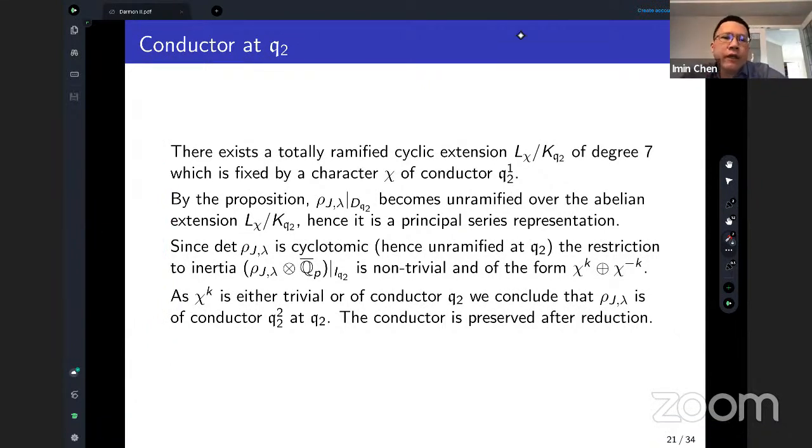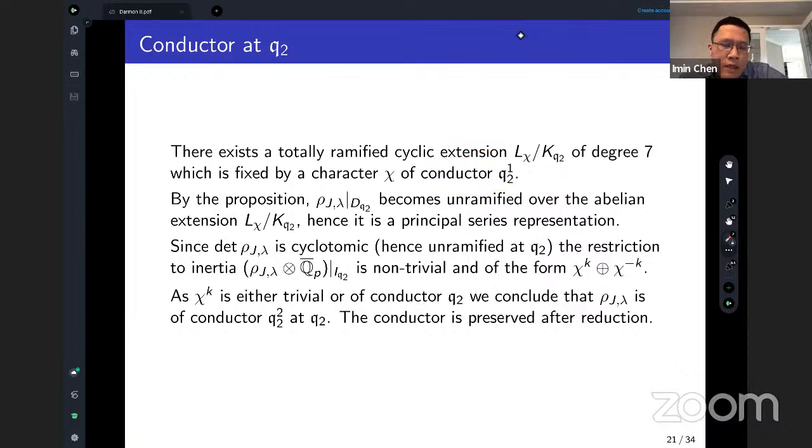By class field theory, we know that there is a totally ramified cyclic extension of K completed at 2 of degree 7, which is obtained from the fixed field of a character of conductor 1.